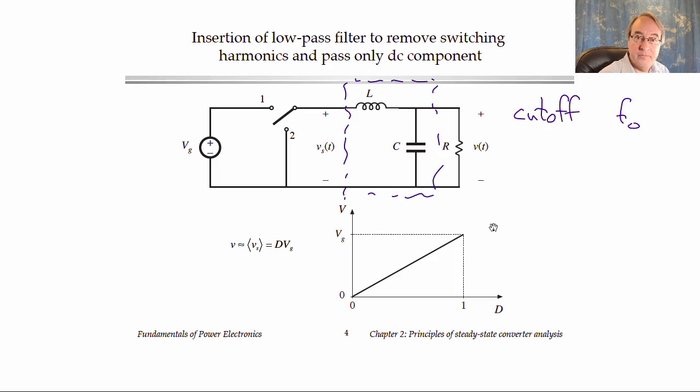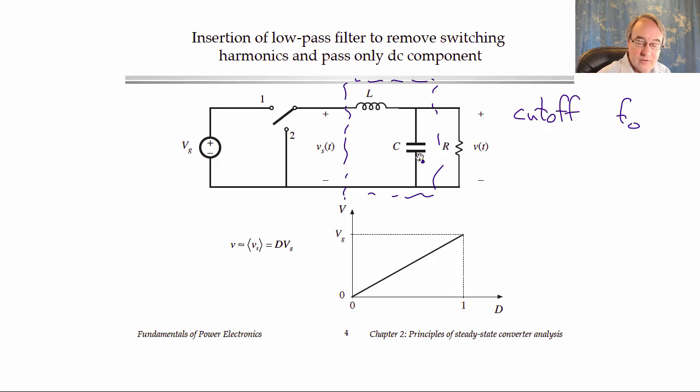So what the low-pass filter does is to pass components in the Fourier series that are at frequencies less than the cutoff F0 and reject the frequency components that are greater than F0.